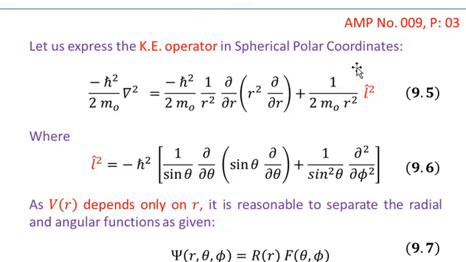But you know that I have the L square operator at the rightmost end of equation number 9.5, which can be represented by equation number 9.6, that is, L square operator is equal to minus h bar square, and within the square brackets I have 1 over sine theta times the partial derivative with respect to theta, and within the parentheses I have sine of theta multiplied by the partial derivative with respect to theta, and then plus 1 over sine square theta times the double derivative with respect to phi, that is, the second partial derivative with respect to phi, as shown in equation number 9.6.